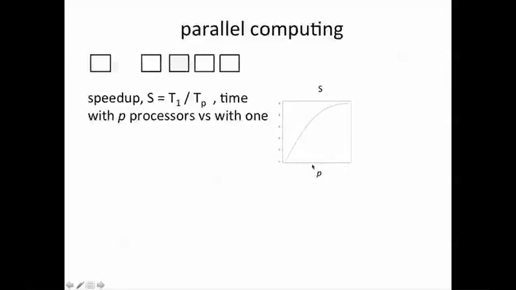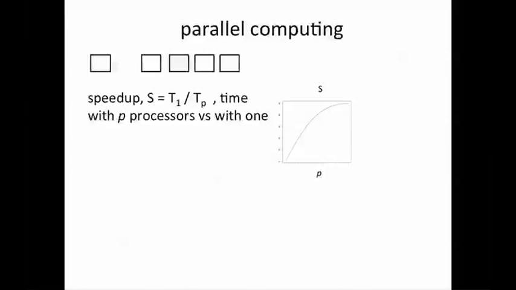So for example, if you had 20 processors, you might get a speed up of somewhere around 15 or 16. If you have 40 processors, you might get somewhere around 29 or 30. But as the number of processors increases, for a variety of reasons, the speed up doesn't go on forever.